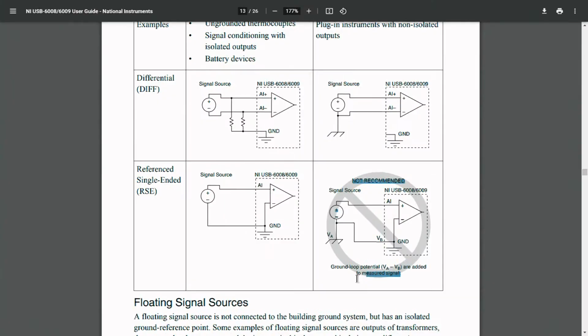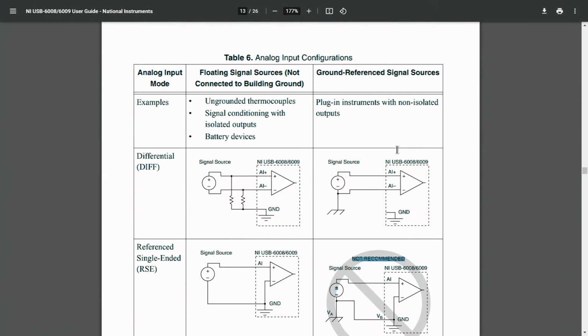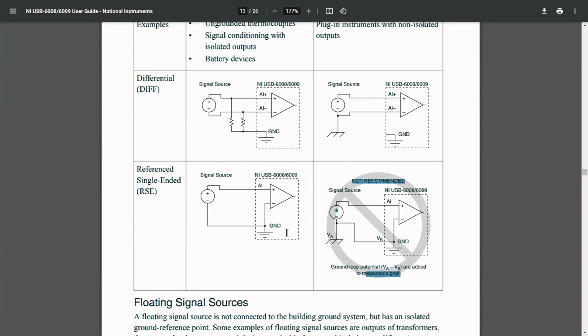That noise will compromise the accuracy of the complete measurement. So in this section we will use this particular reference to the common ground. We will directly connect the ground of the LM35 to the ground of the USB device, so that we can consider it as RSE, referenced single ended.